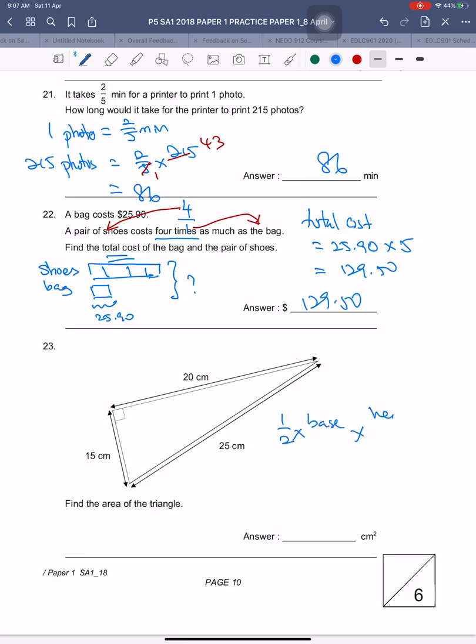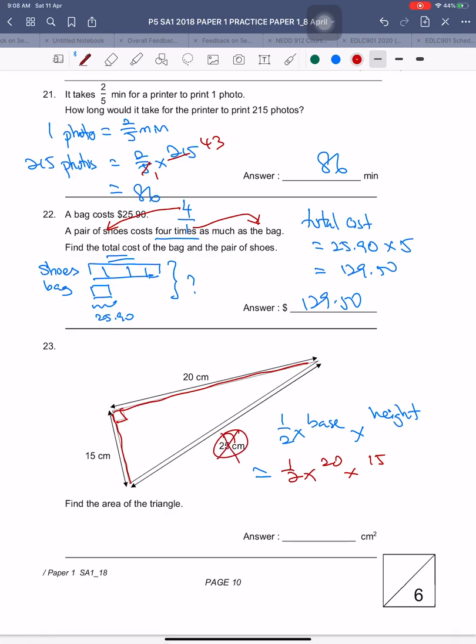So again, the formula. As I said, look for the right angle. This is the right angle. So this line and this line, they meet to give you the right angle. That means I can take my base as 20, my height as 15, or vice versa, doesn't matter.